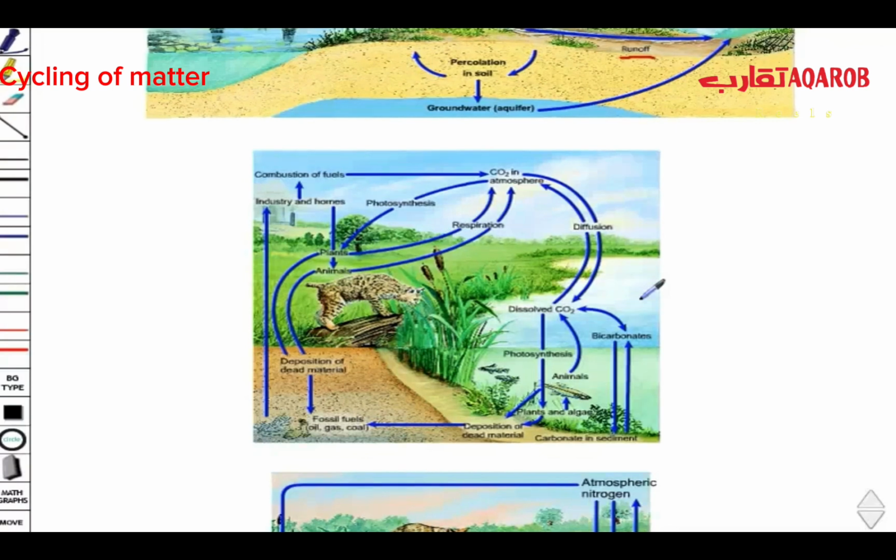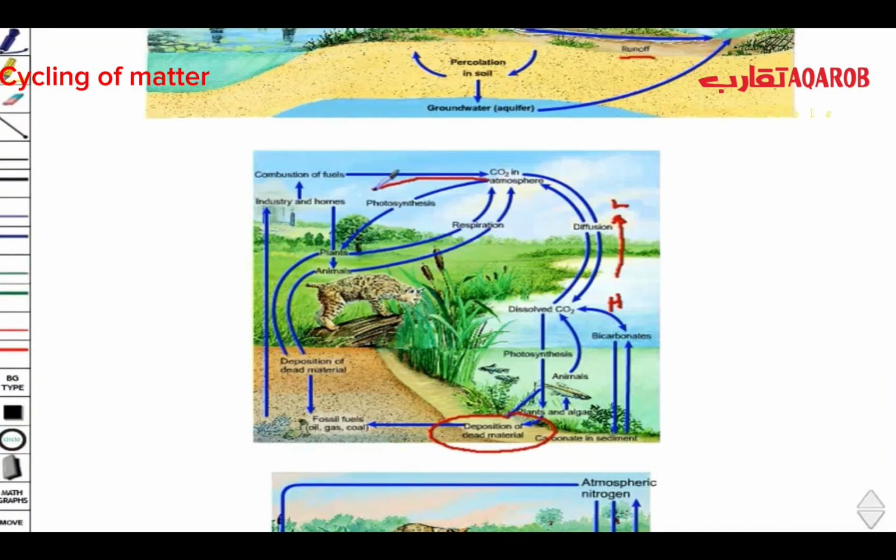When it returns and starts the cycle, it can return to the atmosphere in several different ways. One, we can burn these fossil fuels. Also, if the level is higher here and lower here, diffusion can occur, and carbon can move from a higher to a lower concentration. And as things die or decompose, they can be returned to the atmosphere as well.